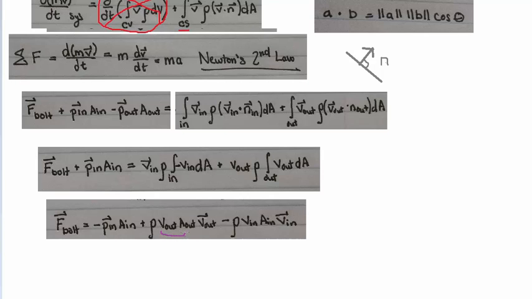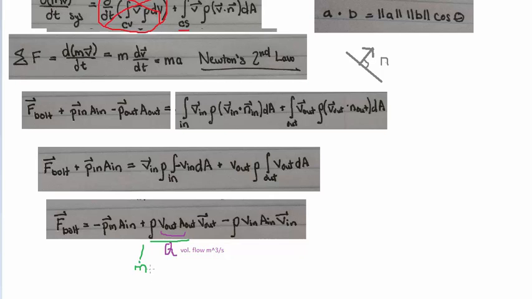So from this vA, that's what we call in fluid mechanics a Q, or a volumetric flow, and that is going to be in meters cubed per second. And this rho over here, rho vA, is going to be your mass flow rate, m dot.